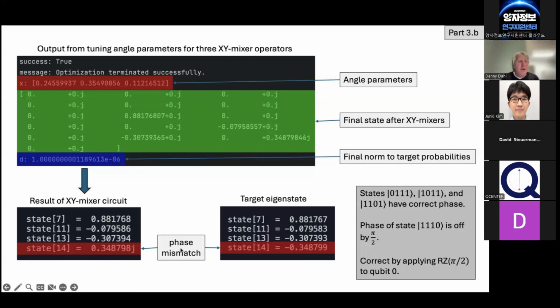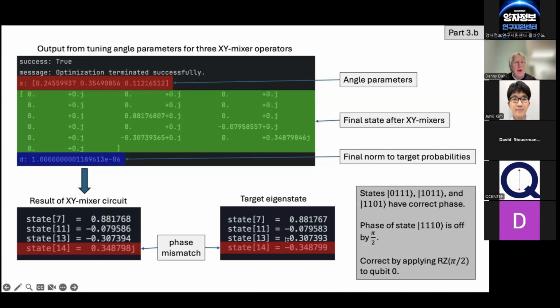And this phase mismatch comes about because when I apply these XY mixers, it always adds a phase to one of the output states. And it turns out that this phase mismatch can be corrected by applying an RZ operator to qubit 0. Depending upon the sequence of XY mixers that you chose and the ordering in which you apply the XY mixers, you will find typically a different phase mismatch.